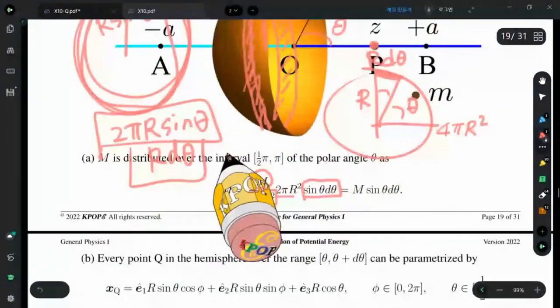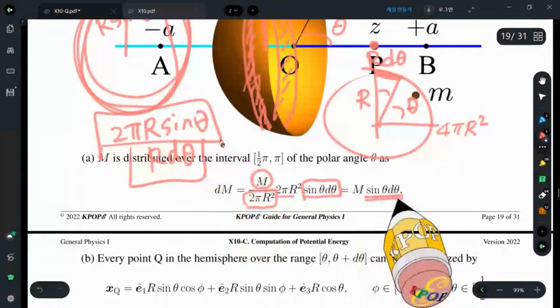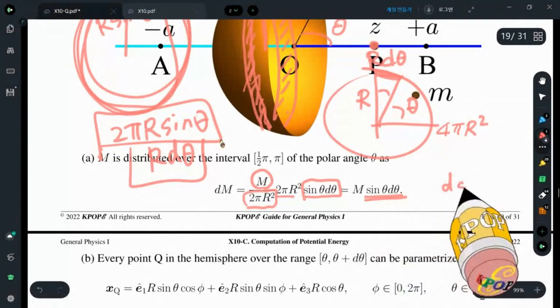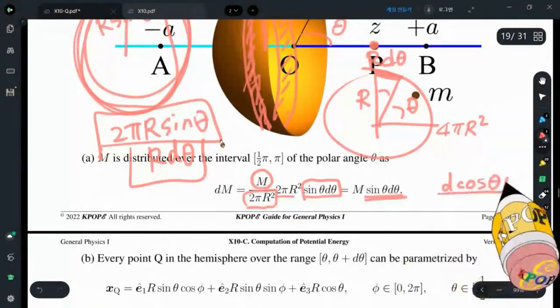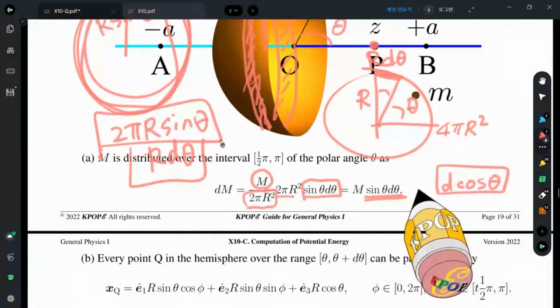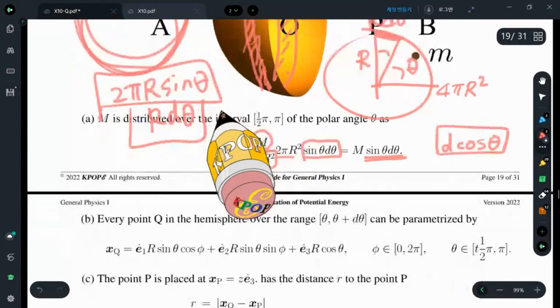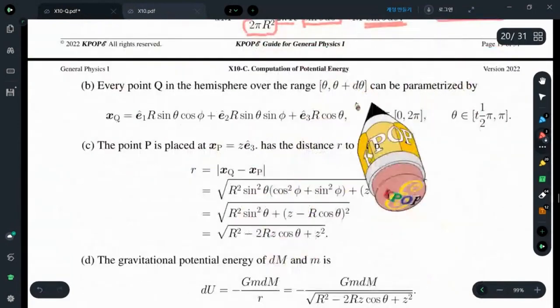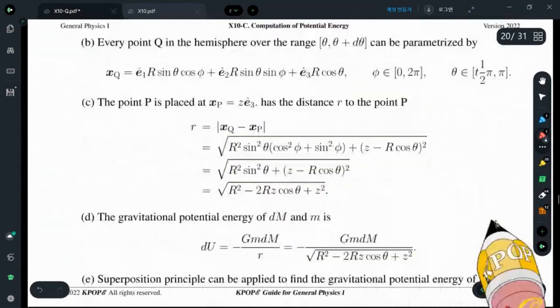And actually this sine theta d theta can always be replaced with the d cosine theta. This total differential is much easier when we compute the integral. Therefore, I can substitute all these results combined.